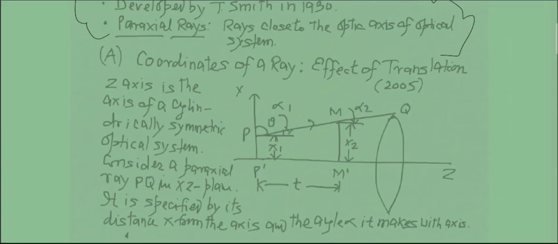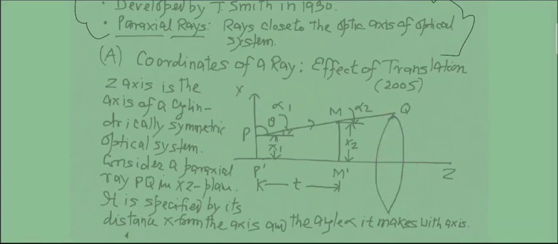So the z-axis is the axis of a cylindrically symmetric optical system. Now what is meant by a cylindrically symmetric optical system?